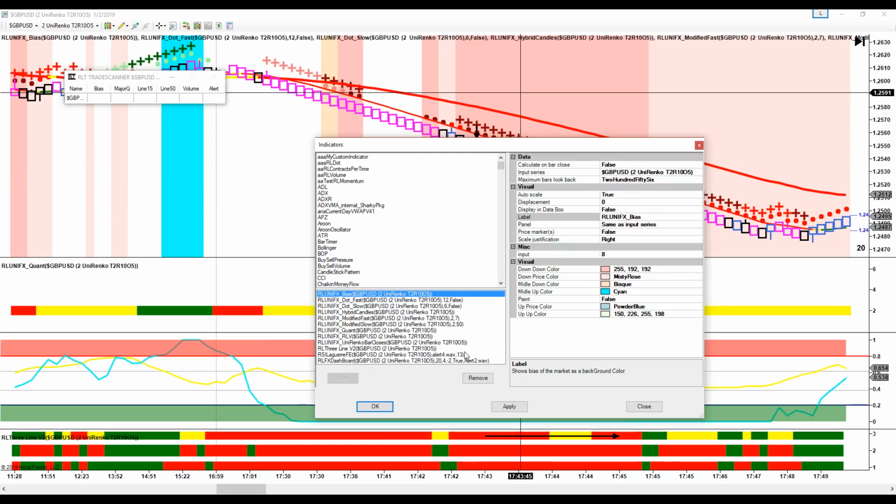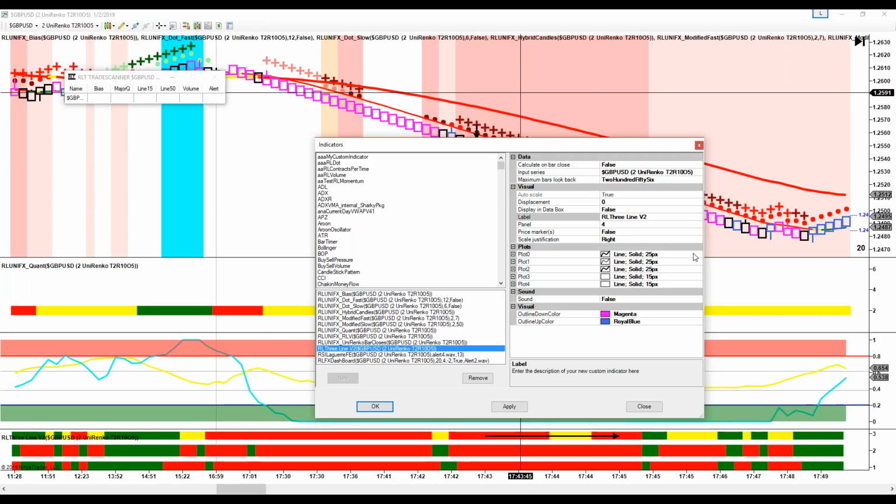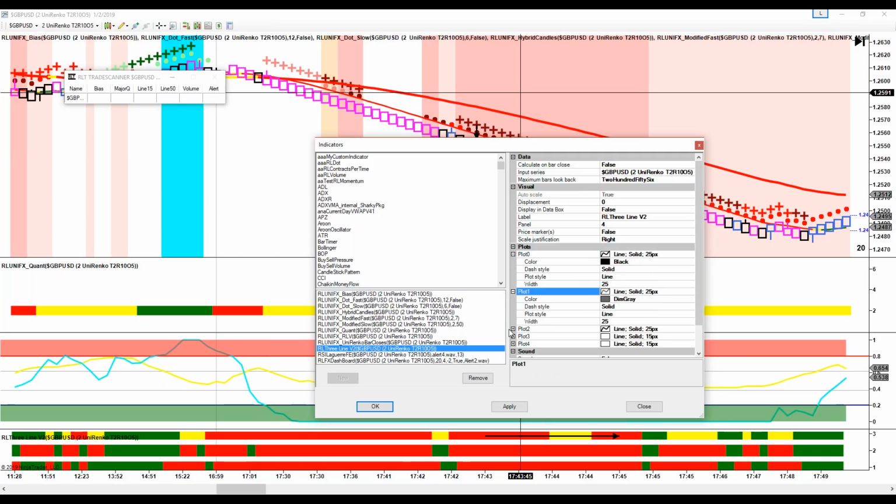And since all we care about is the ultimate result of its analysis, there's no reason to look at it. So my recommendation, although some traders do like to see it, is to just make it transparent.